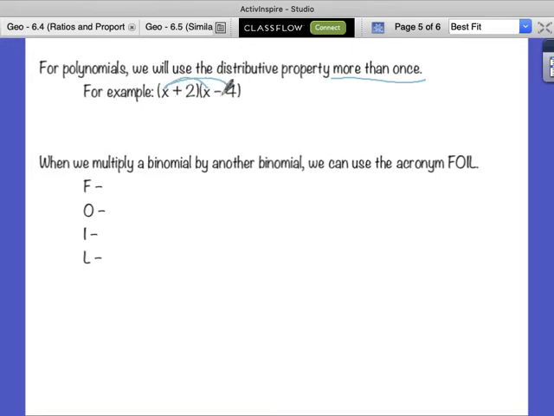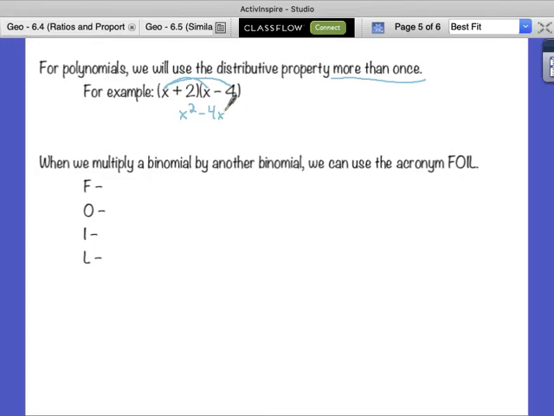So what's x times x? X squared. What's x times negative 4? Negative 4x.